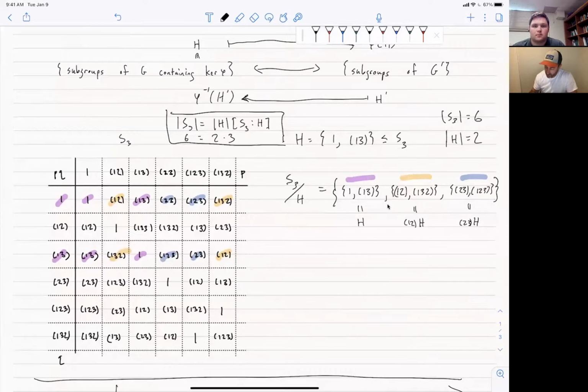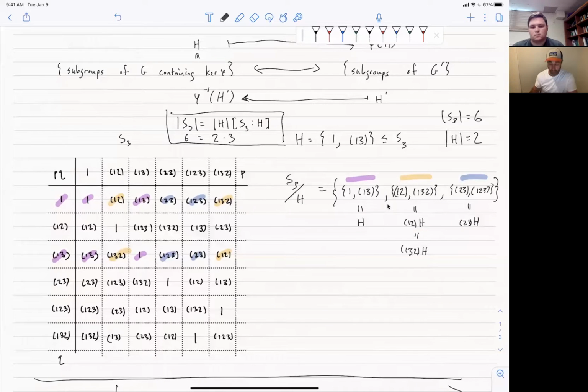This is also (1 3 2) H. So the element in front is not unique. In fact, you can choose anything in the left coset as a representative. We call it a choice of representatives. You choose something once you want to write it this way, but there are many different choices and you'll get the same left coset. It permutes everything around if you make a different choice, but it stays within that left coset.